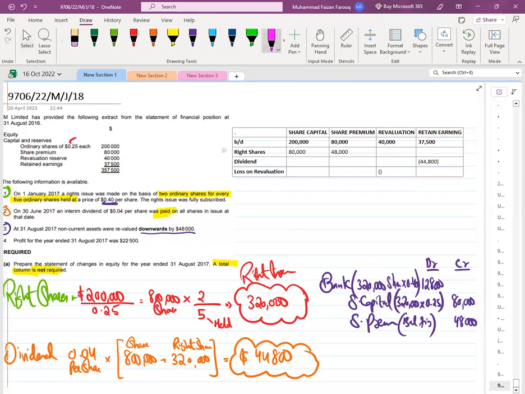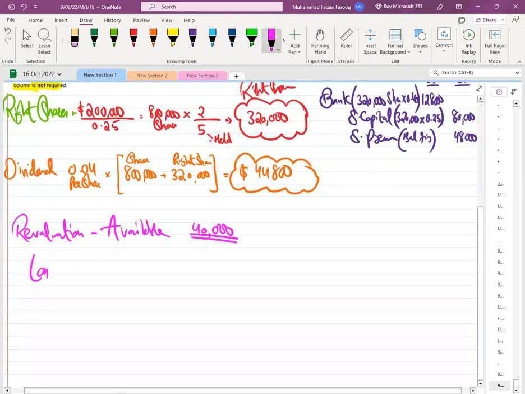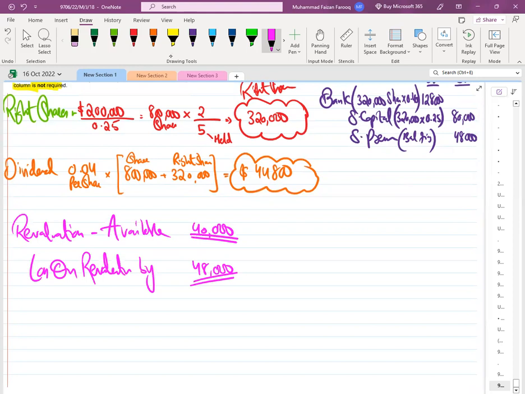Available means the opening balance, right? We had only 40. And what happens? Loss, by how much? 48,000. What does this mean? Negative balance. Negative balance can never appear.